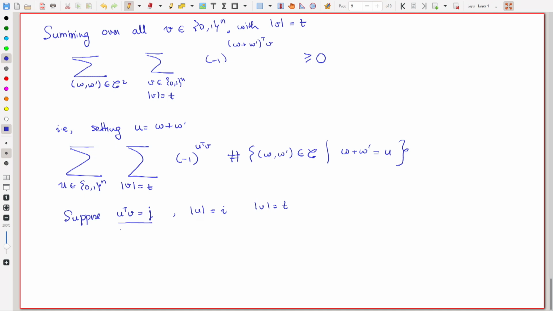Okay, so let us see the number of u such that u transpose V is j. So, u is of size I, V is of size t.